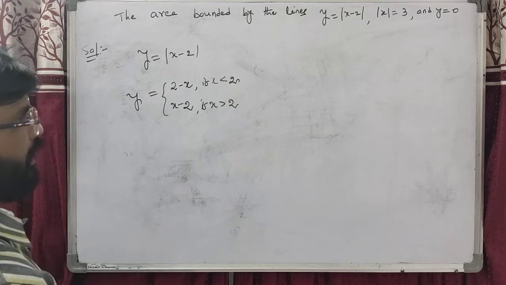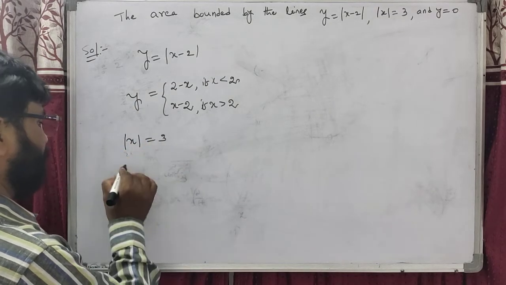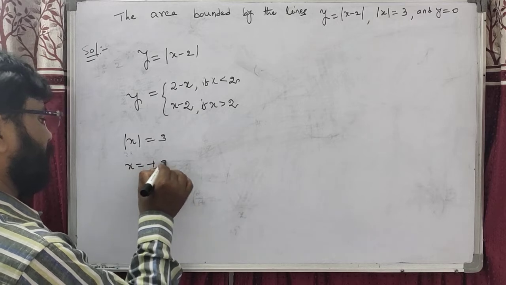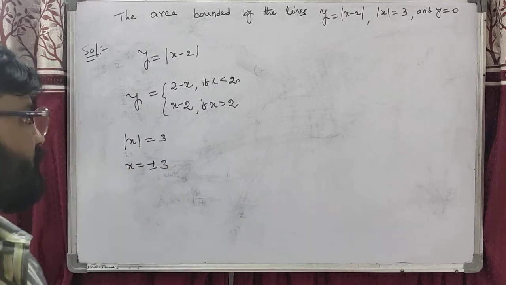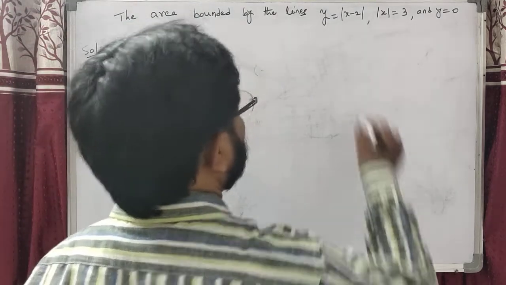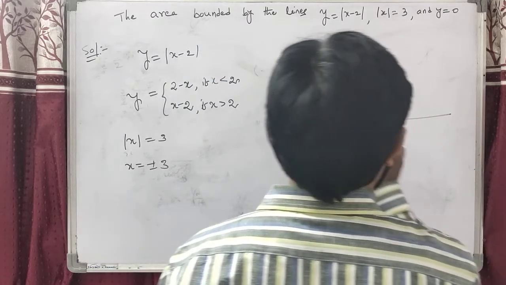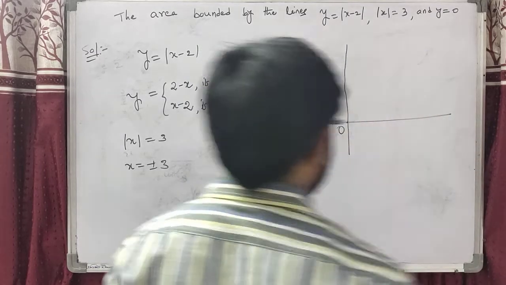So, the other one is given: mod x equal to 3. Dear students, that is x equal to plus or minus 3. Now we can draw the graph. How to write this one? This is the origin.